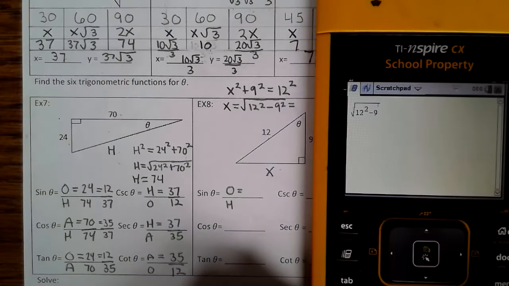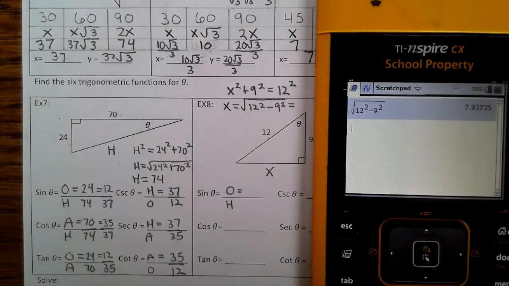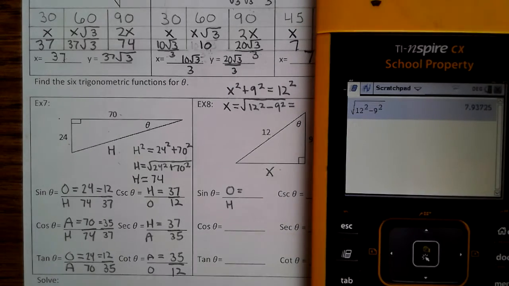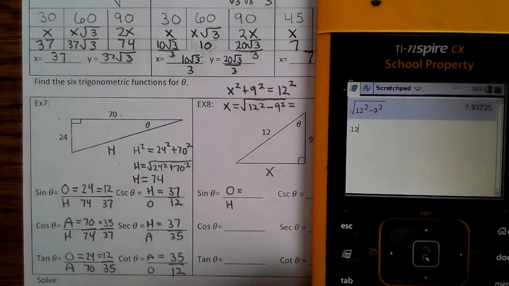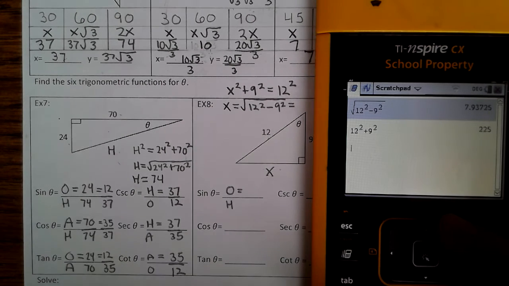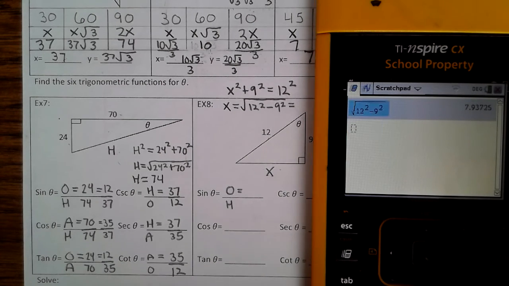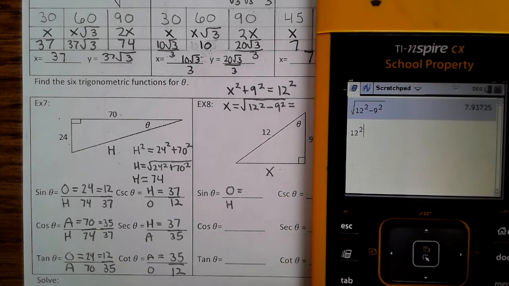So we're going to leave it as a square root. So we're going to do 12 squared plus 9 squared is 60, not plus, sorry. 12 squared minus 9 squared is 63. So that equals the square root of 63. We're going to leave it as the square root.